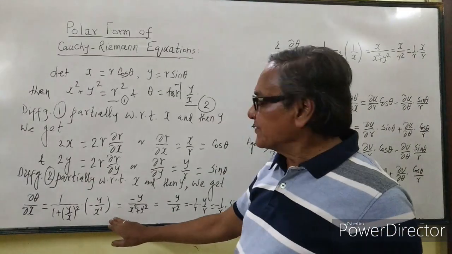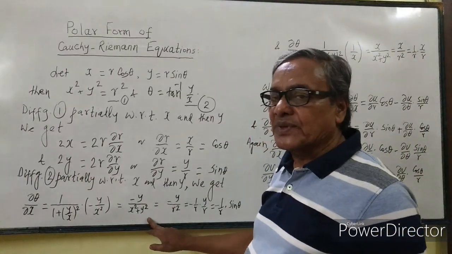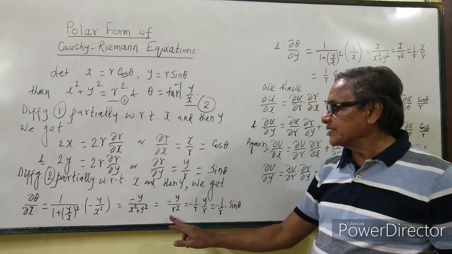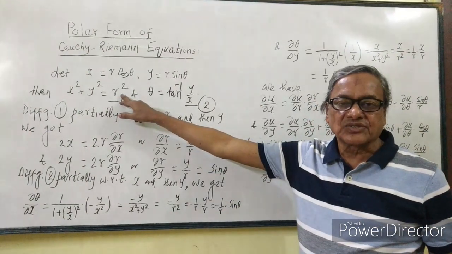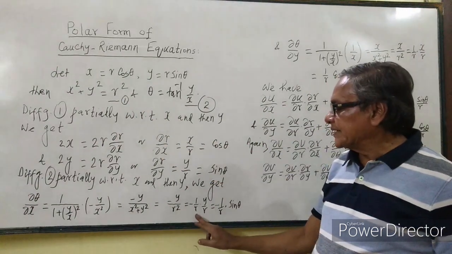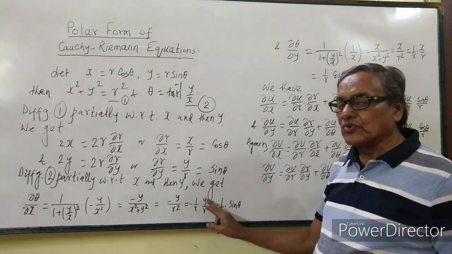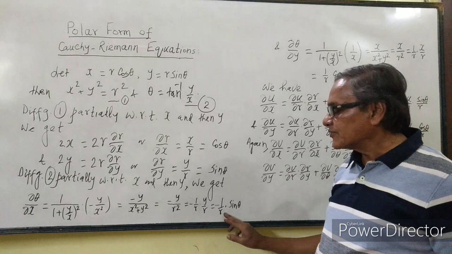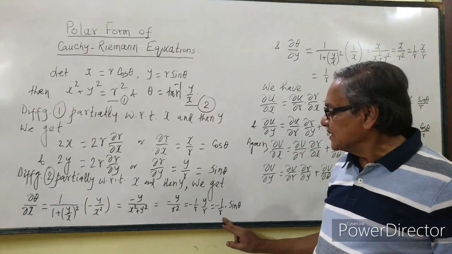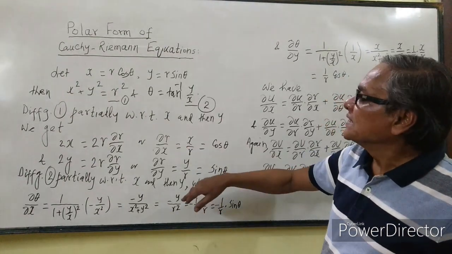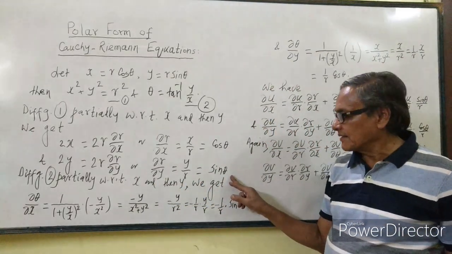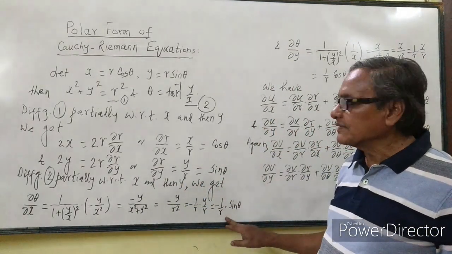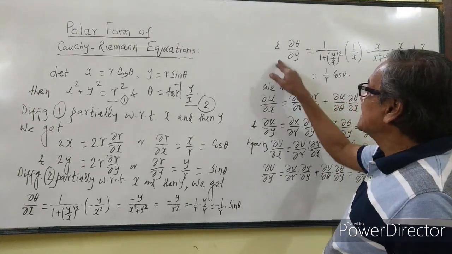On simplification, we shall get minus y upon x squared plus y squared, that is equal to minus y upon r squared. This x squared plus y squared is r squared. We split it in the form minus 1 by r into y by r. Minus 1 by r stays as it is, but y by r is from here sin theta. It is minus 1 by r sin theta.